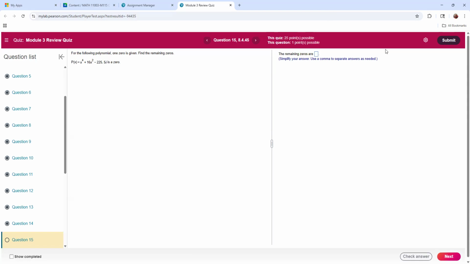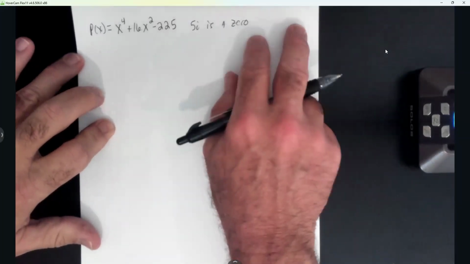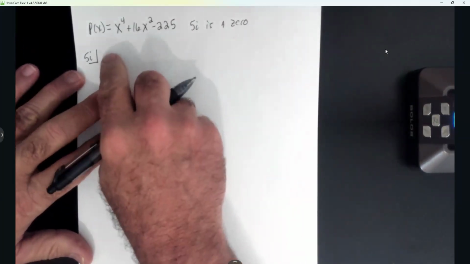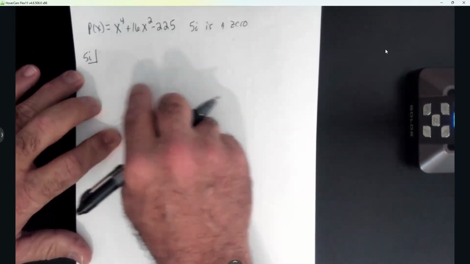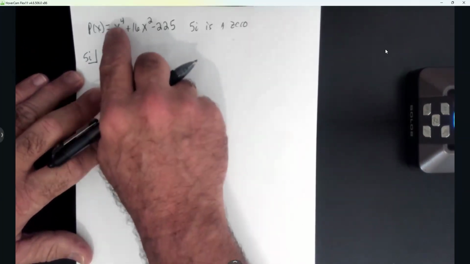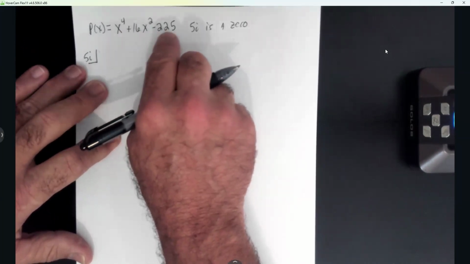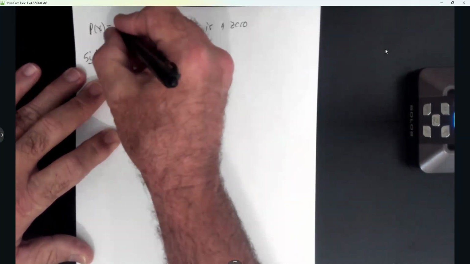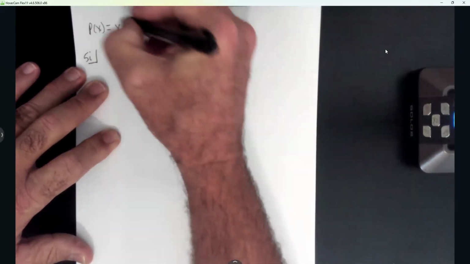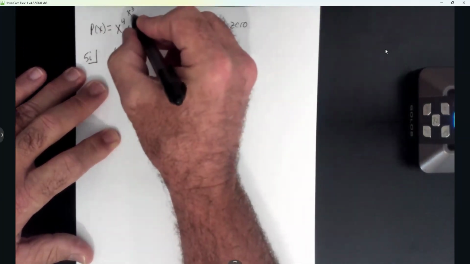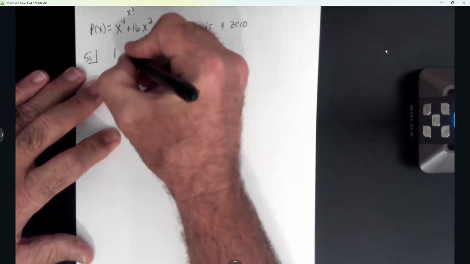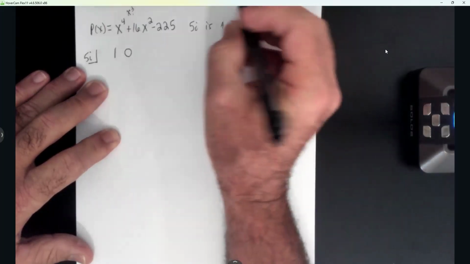All right, so the first thing we got to do, this is where we did a lot of synthetic division. So we start with the first zero they're giving me, 5i, and we're going to do synthetic division and divide this zero out and see what we got left, okay? Now remember, you need to write the coefficients, but y'all, I got a 1x to the fourth here. I do not have an x cubed term there. So since I don't have an x cubed term, I need to put a 0 for the placeholder.